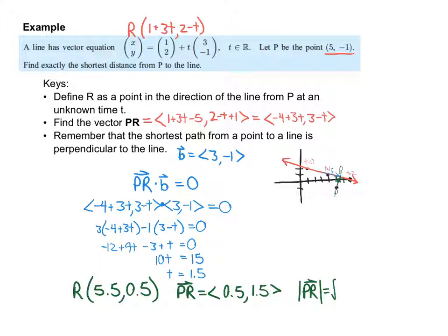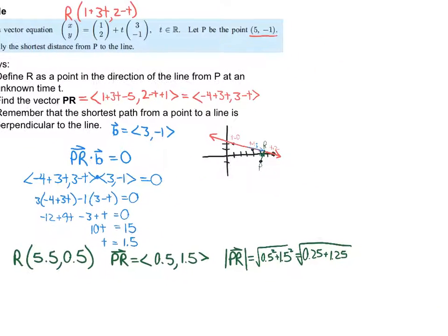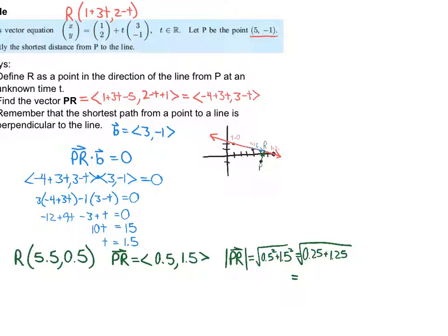Okay, so square root of 0.5 squared plus 1.5 squared. So that's 0.25 plus 2.25. So I have the square root of 2.5.